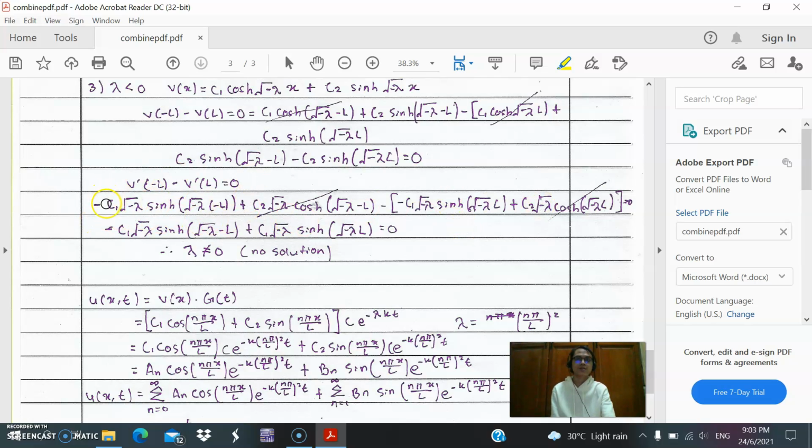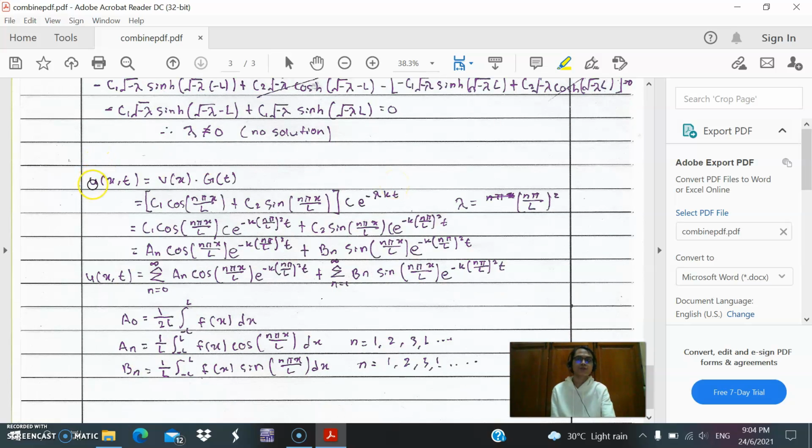We differentiate first this one, and then differentiate, and then we substitute the x with negative L and L. So kita akan dapat lambda equals to 0. So lambda cannot equals to 0. So this one is no solution.